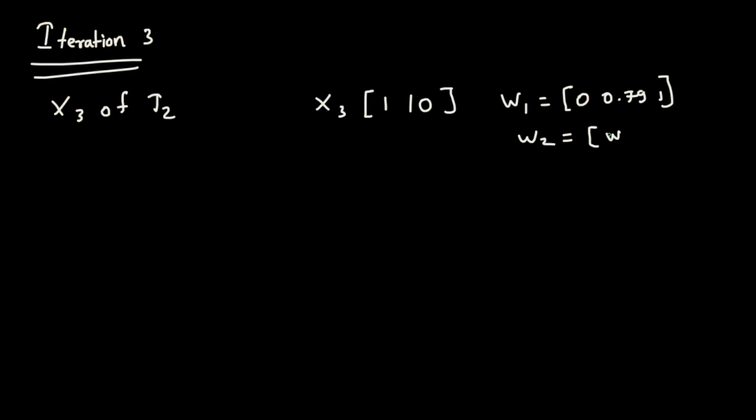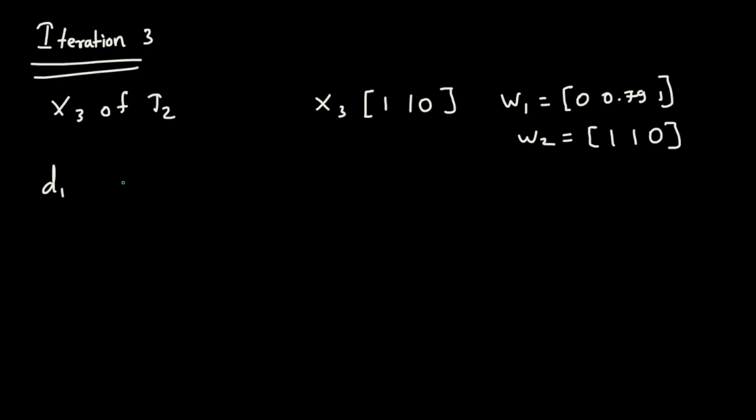Okay, now I think you kind of pick up the pattern. So always what we do is we calculate the distance first. The way to calculate the distance is, if it's D1, we are looking at the difference between X value and the W1 value, and then we square them. Like for this one, 0 minus 1 square plus 0.79 minus 1 square plus 1 minus 0 square, and you add them together.